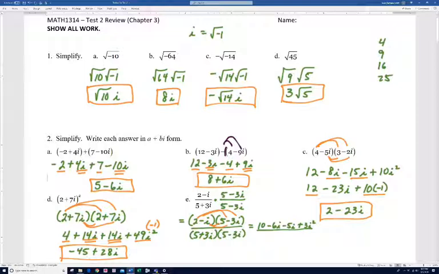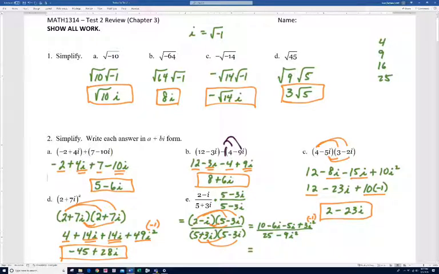Now remember, with conjugates, we just need to multiply the first terms and the last terms. You can do all the 4 products, but you'll always have 2 of them will be opposites, the inner and the outer product. So let's multiply our first terms. We get 25. Our last terms, we get a -9i squared. And then we need to clean all this up and simplify.